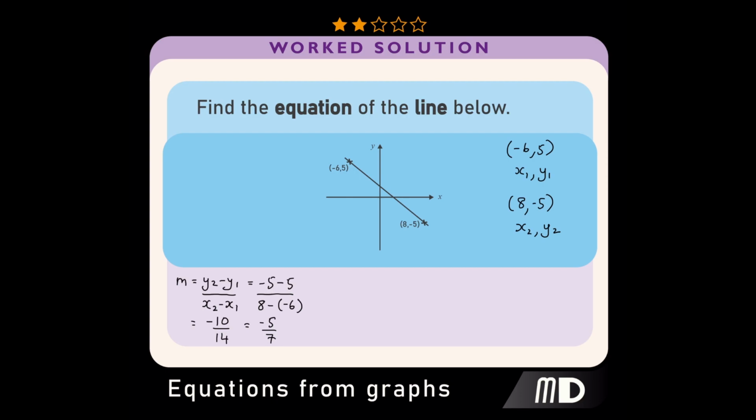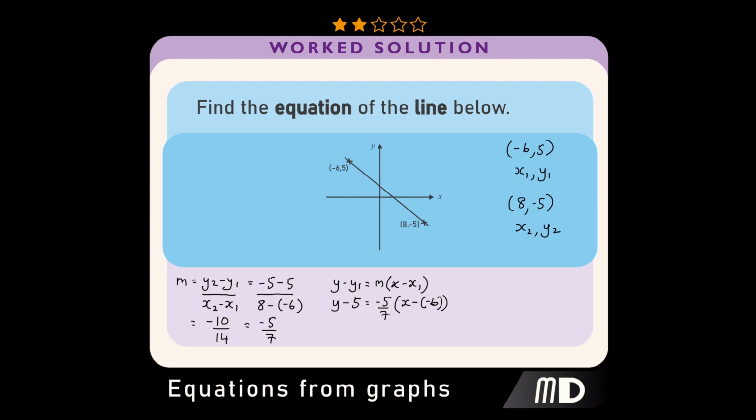So I'm going to use y minus y1 equals m bracket x take away x1. y1 and x1 will be the same values I've already used. So y take away y1, which is 5, is equal to m, which is -5 over 7, bracket x take away x1, which is -6.